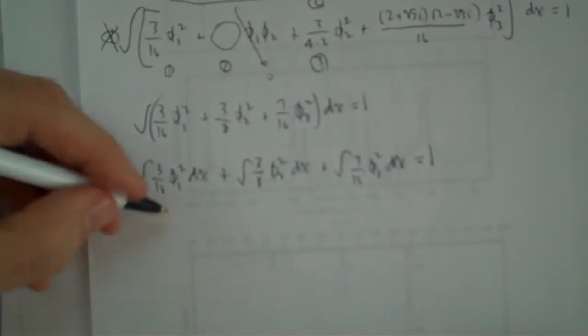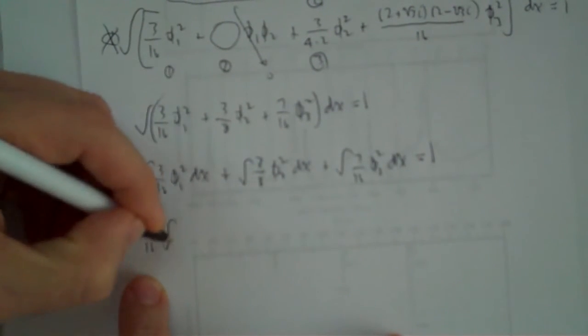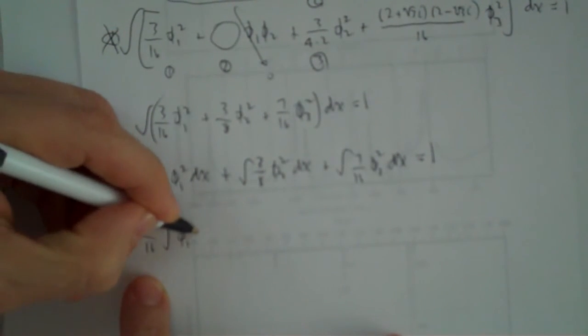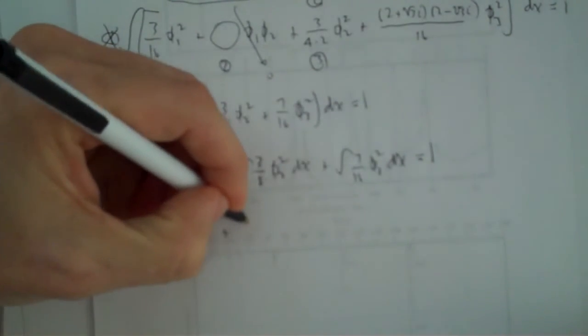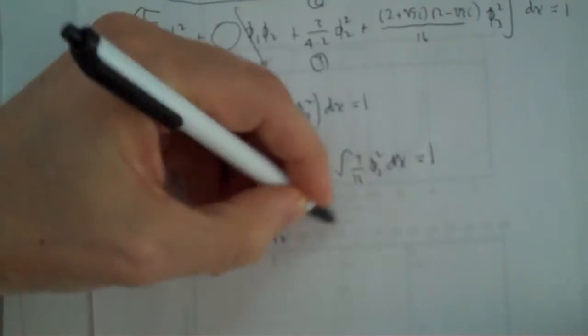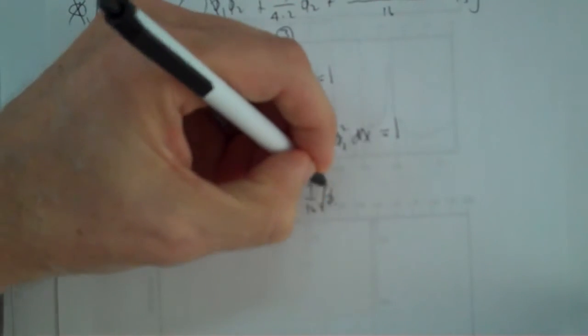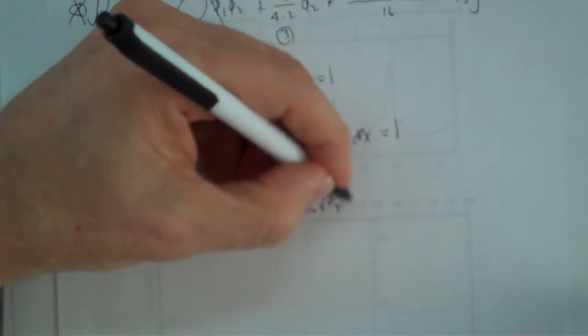All right, this then, we pull the 3/16 out. 3/16 phi 1 squared dx plus 3/8 phi sub 2 squared dx plus 7/16 phi 3 squared dx is equal to 1.